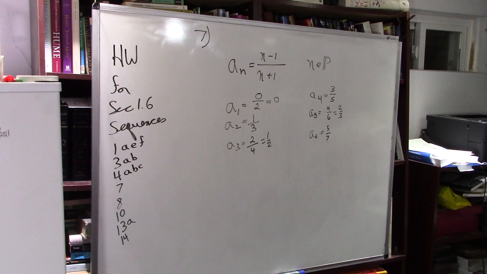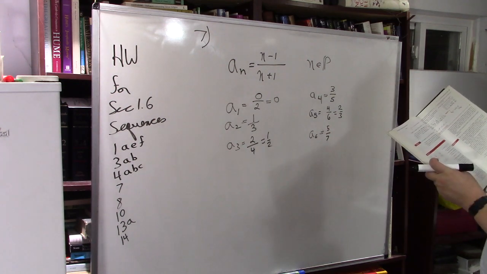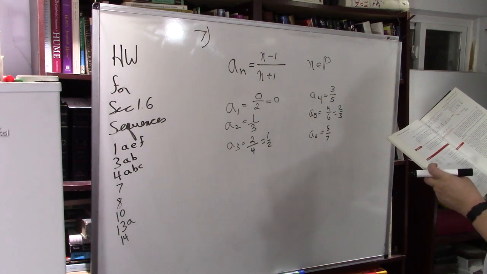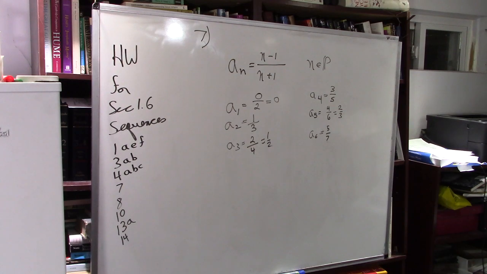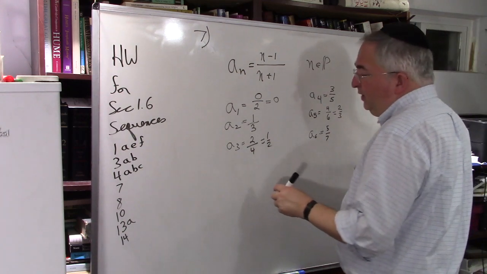Next, calculate a of n plus 1 minus a of n for n equals 1, 2, and 3. Okay, so let's do this.